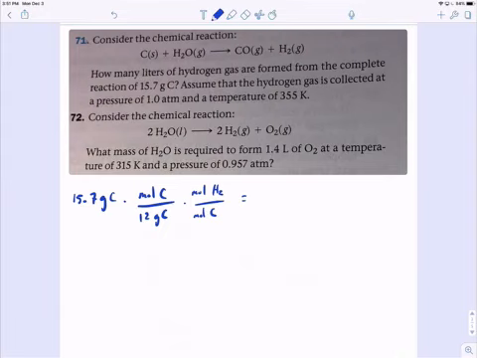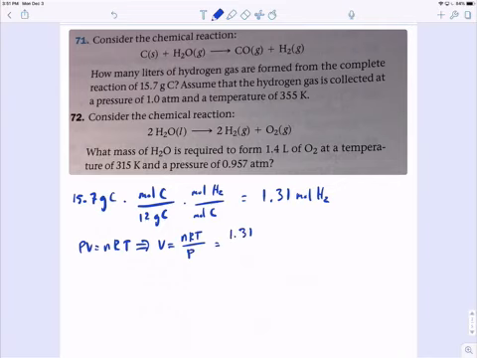And in doing so, 15.7 divided by 12, we get 1.31 moles of hydrogen, and PV equals nRT, which implies volume is nRT over P, 1.31 times 0.08206, temperature 355, all over 1 atmosphere.